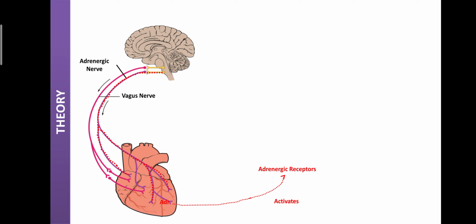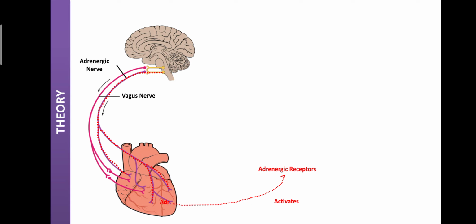So here the released adrenaline, due to stimulation of the adrenergic nerve, acts on the beta 1 receptor and enhances the concentration of cyclic AMP.